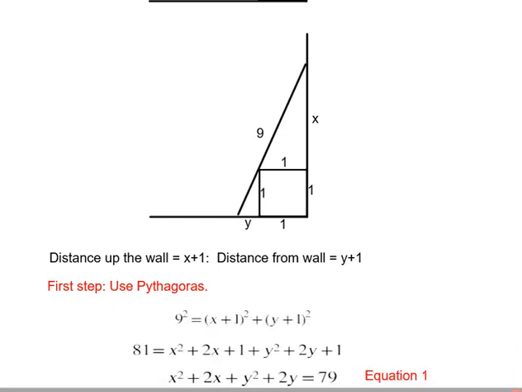And by using Pythagoras, we get 9 squared is (x plus 1) squared plus (y plus 1) squared. And if we solve that, we get (x plus 1) squared is x squared plus 2x plus 1. (y plus 1) squared is y squared plus 2y plus 1. And if we put those all together, we get x squared plus 2x plus y squared plus 2y is 79. And that's what I called equation 1.